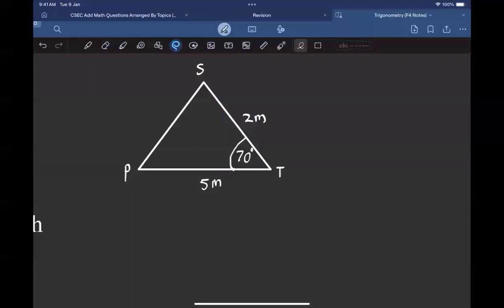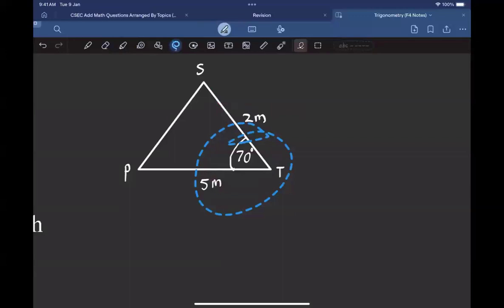I really must know. Over here? Is that the included angle? Yes, that's the included angle. Why is that the included angle? Because that's TP. Why is it included? Because the lengths are 2 meters and 5 meters. Right, you know the two lengths.